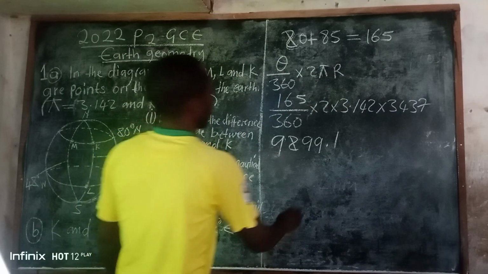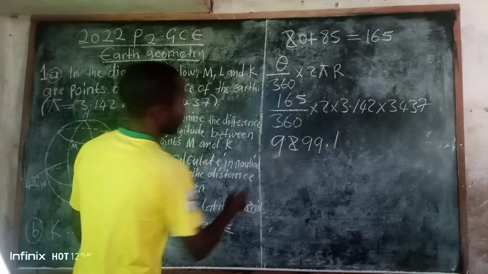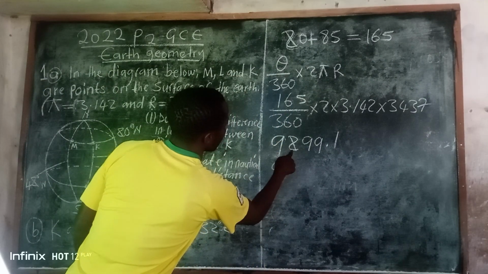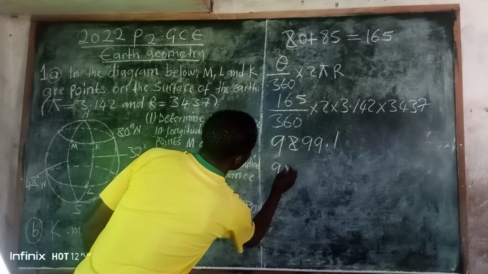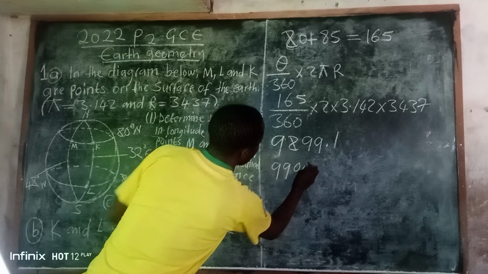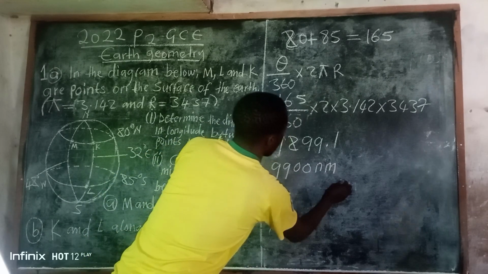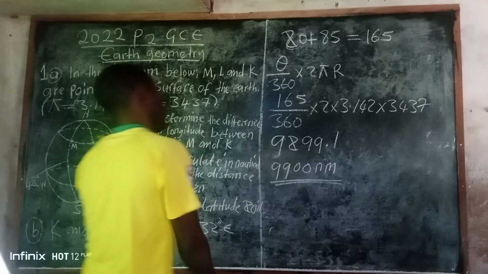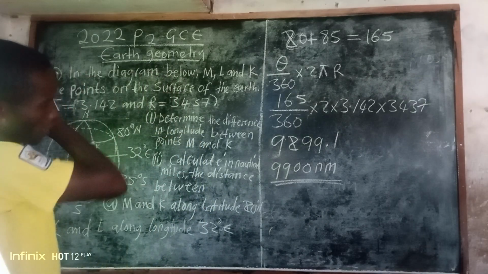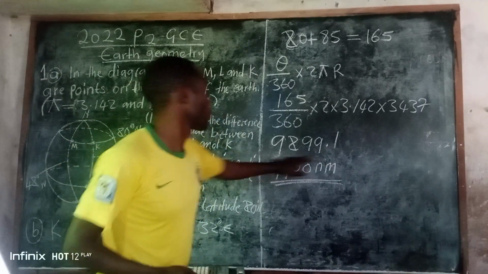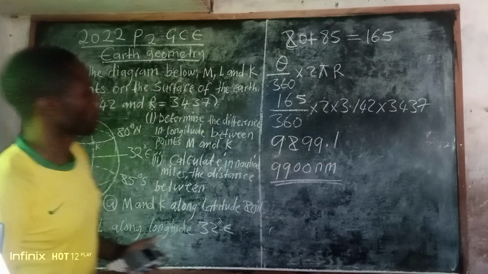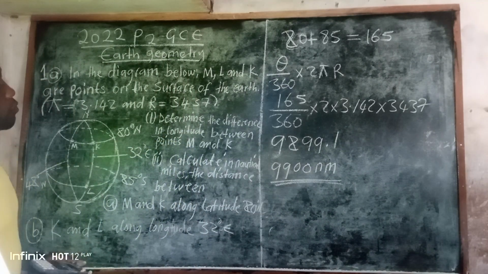Okay. This one we can round off as 9,900 nautical miles. Okay, it's important that you round it off like that. If you want, you can just leave it from here. It's just one and the same. Okay, so that's the way to go.